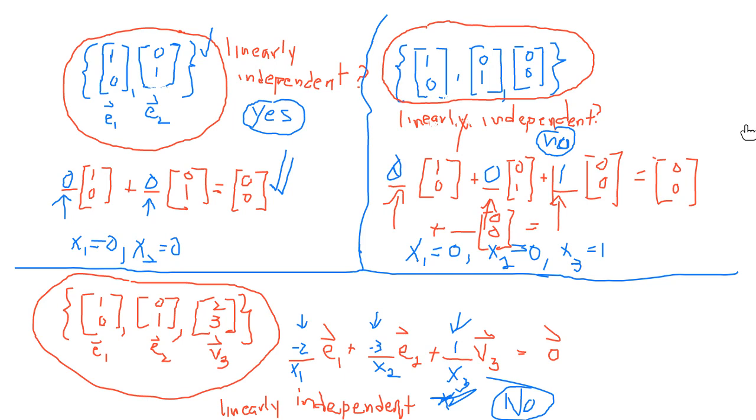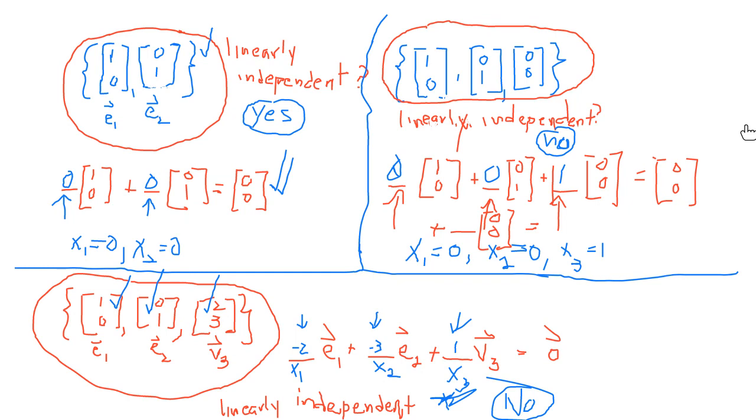So what happened here? We were doing so well. We had E1 and E2, and those vectors are linearly independent. But when we add in this third vector, it doesn't work anymore. The set of vectors collectively becomes linearly dependent. Why do you think that happened intuitively?